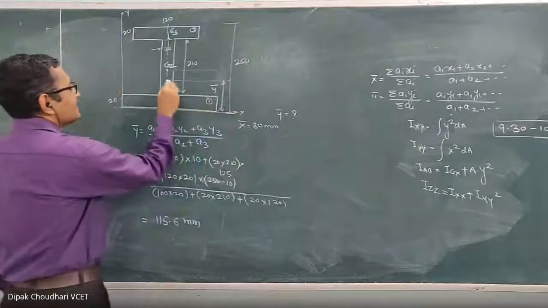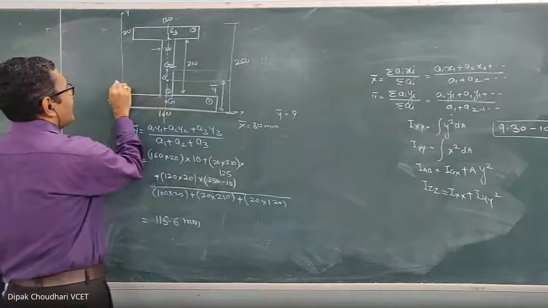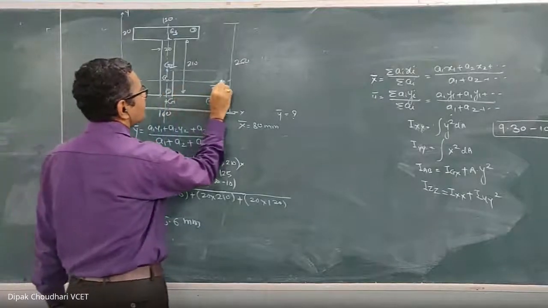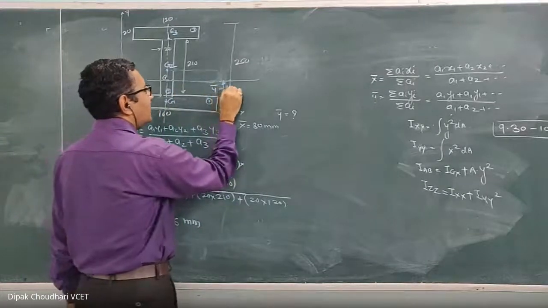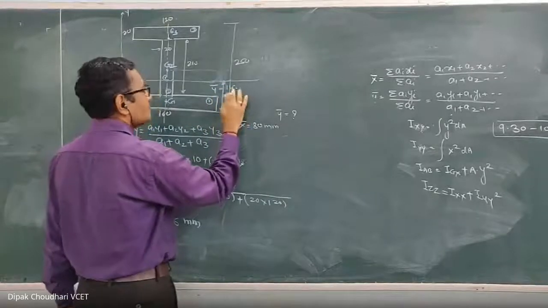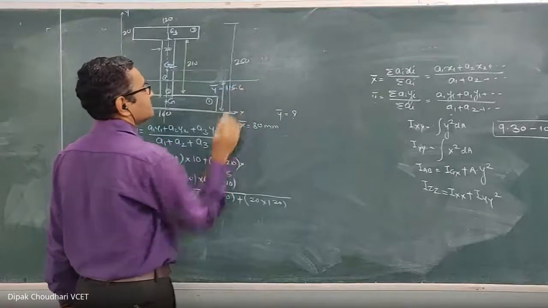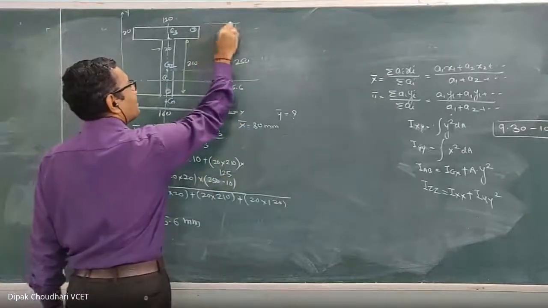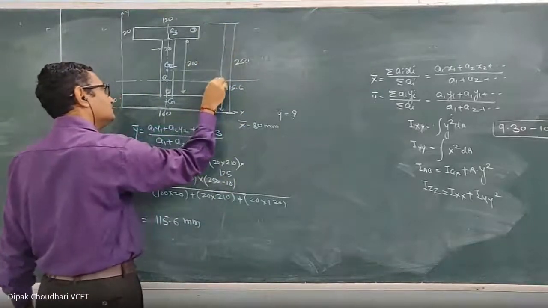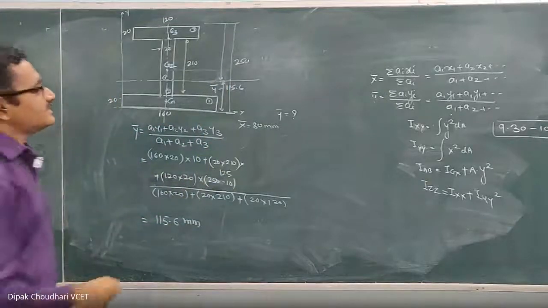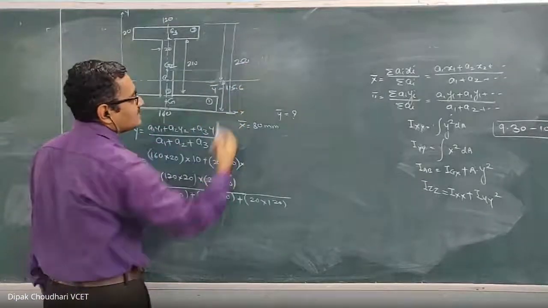Okay. Means the centroid of the entire lamina is at a distance of 115.6 millimeter. So from the top surface, the centroid will be at a distance of 250 minus 115.6.